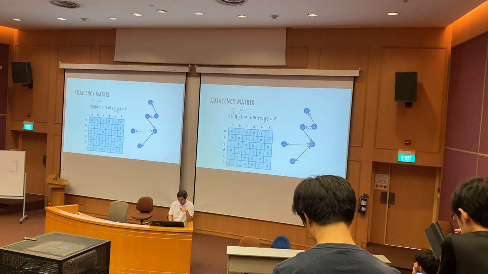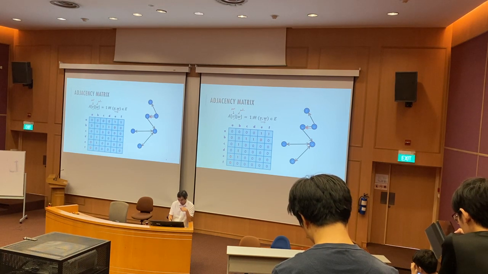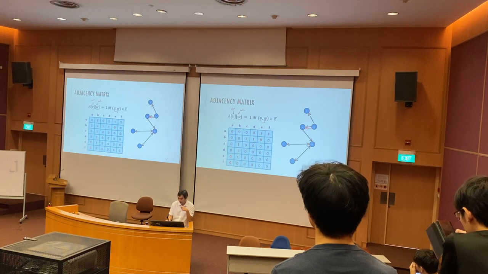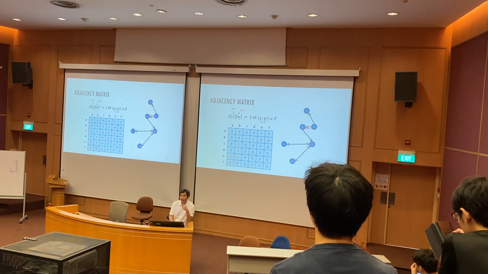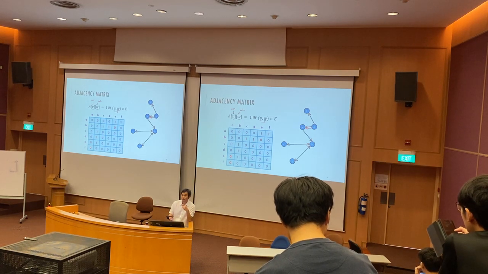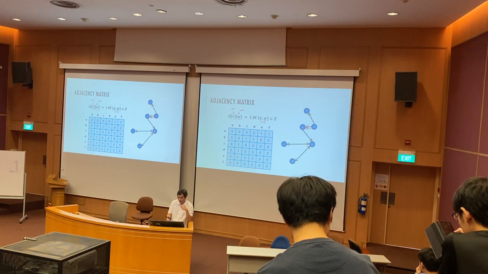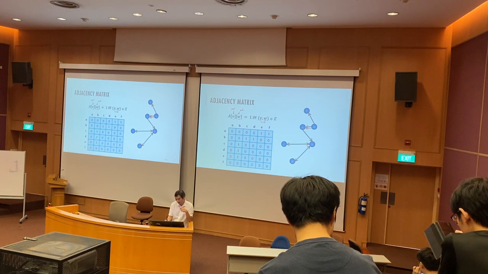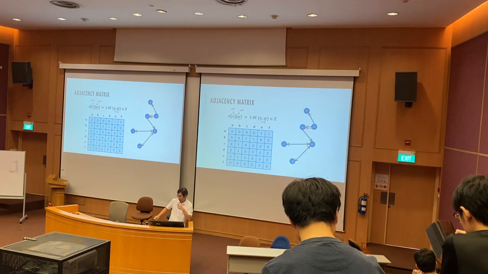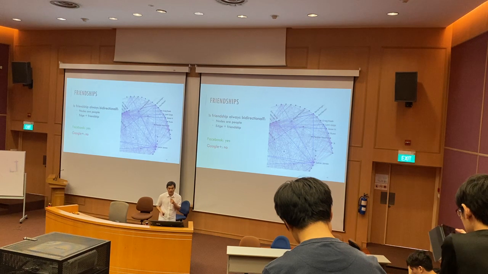If you look at row E, column A, that's a 0. So when you're looking at the adjacency matrix of a directed graph, you have to look in the correct row and column. If you look at the wrong one, you can misunderstand the graph structure. So remember, you look at the row first and then the column. If there's a 1, it means there's an edge pointing from the row ID to the column ID. That's our adjacency matrix.